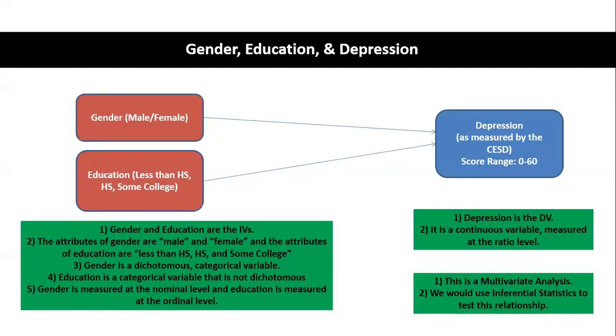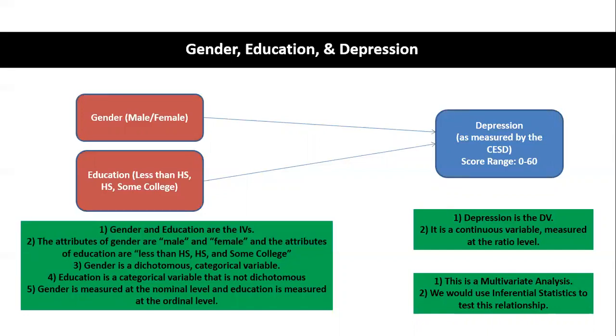In this case, if we wanted to examine this relationship between these 3 variables, gender, education, and depression, we would utilize some type of multivariate analysis because there are 3 variables in the analysis and not 2. We would also use inferential statistics to test this relationship. And I won't get into which test we will utilize in this case simply because this course only covers up to bivariate analyses.